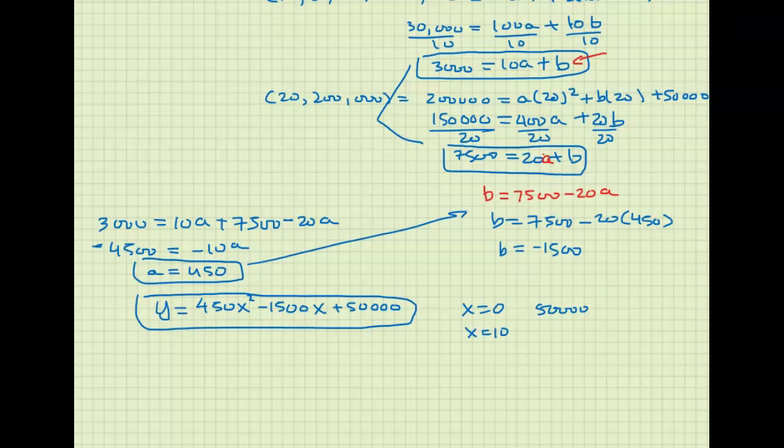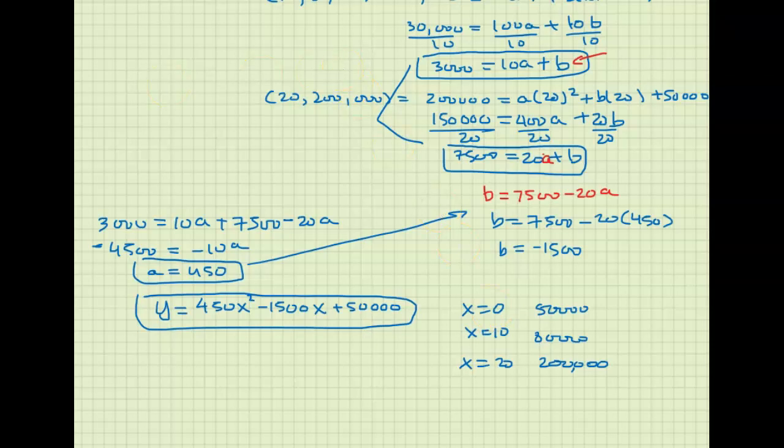And I got 200,000. Oh, that's because I plugged in 20. Alright, good. If I plug in 10, I get 450 times 10 squared minus 1,500 times 10 plus 50,000. We get 80,000. Good, so this verifies that we got the right thing.